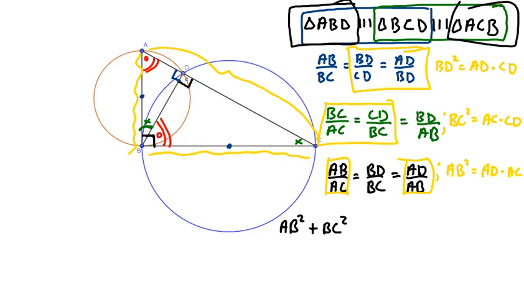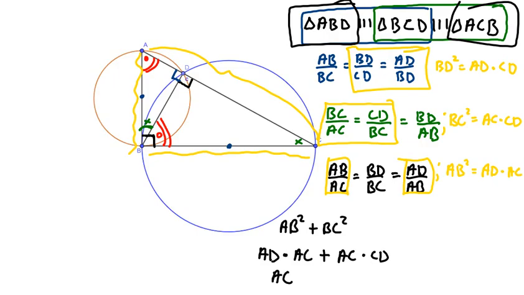Apparently, AB squared is an AD, watch this, times an AC. What about BC squared? That's an AC times a CD.